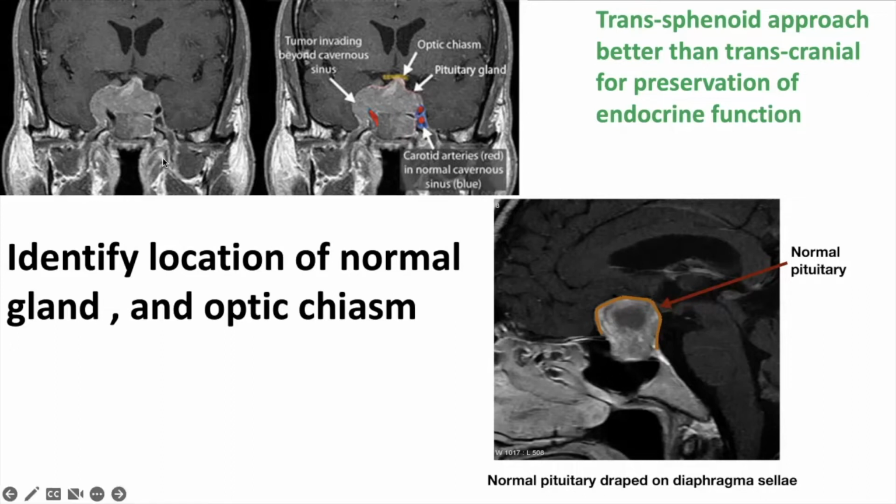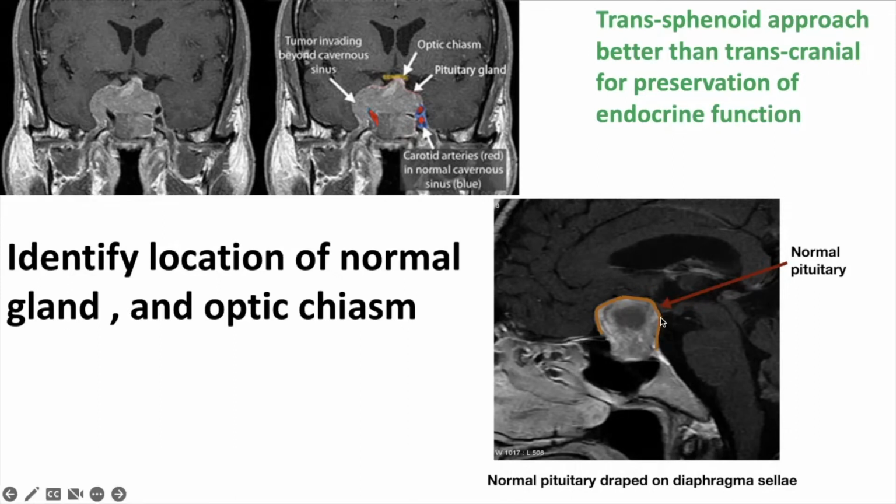Identify the location of the normal gland and the optic chiasm as shown in this photograph. The position of the optic chiasm, and the normal gland, which takes up contrast more than the tumor. And normally the normal pituitary gland can be displaced anteriorly, posteriorly, or to the left or right.